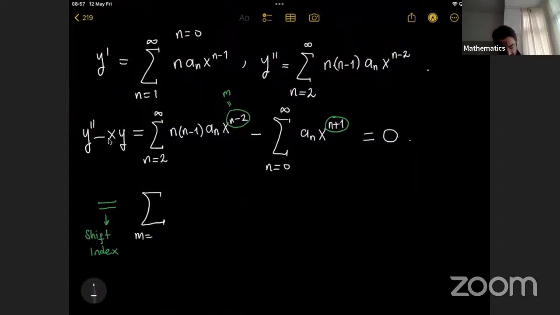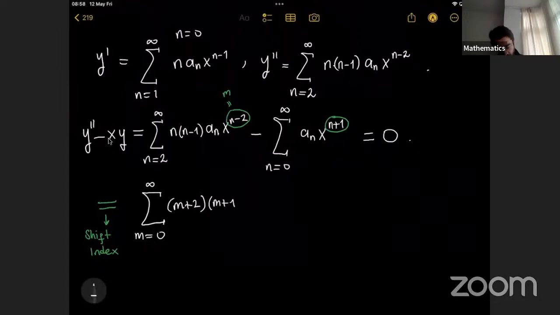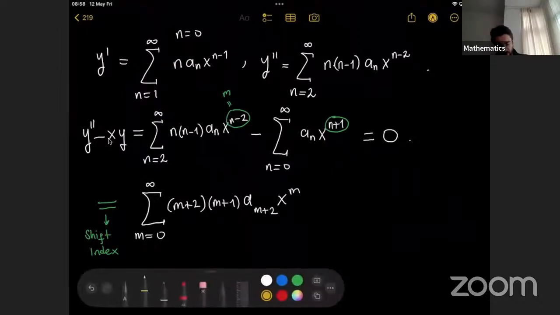So m starts with 0 to infinity. Now what is n? n is equal to m plus 2. n minus 1 is m plus 1. So we get m plus 2 times m plus 1, a m plus 2, x to the m. They are the same, right? So these two are the same.